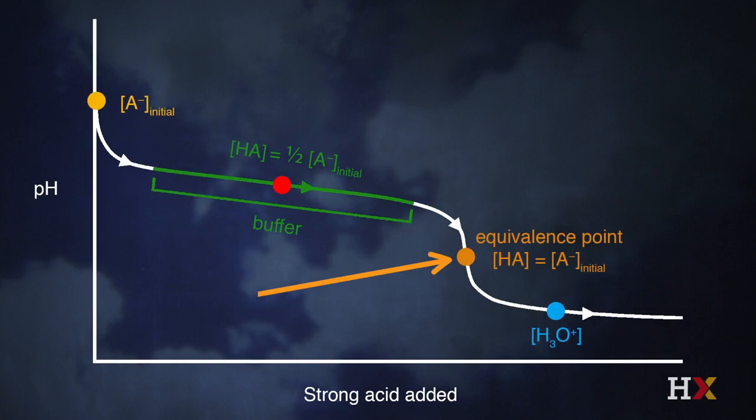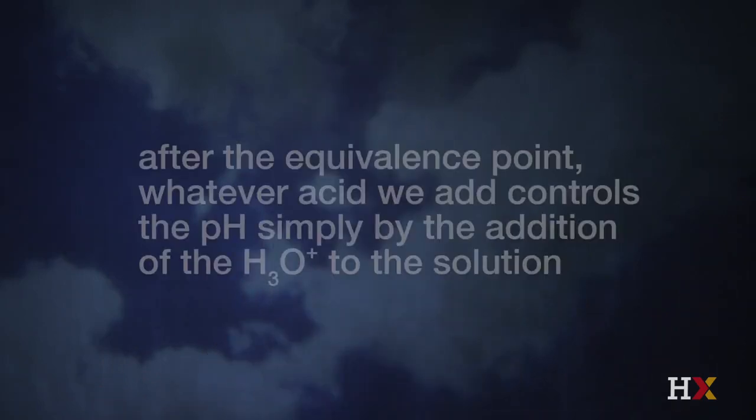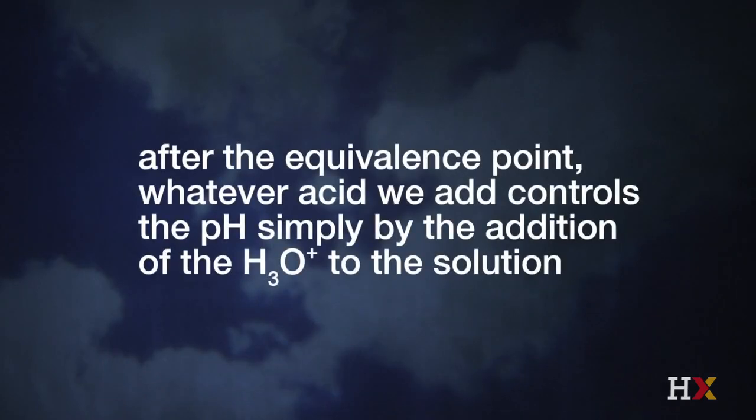And again, coming back to the word titration, it means that we've titrated out the original base that was in the solution by the addition of the acid. So that's the titration point, that's the equivalence point, and from that point on, whatever acid we add to this controls the pH simply by the addition of that H3O plus to the solution.